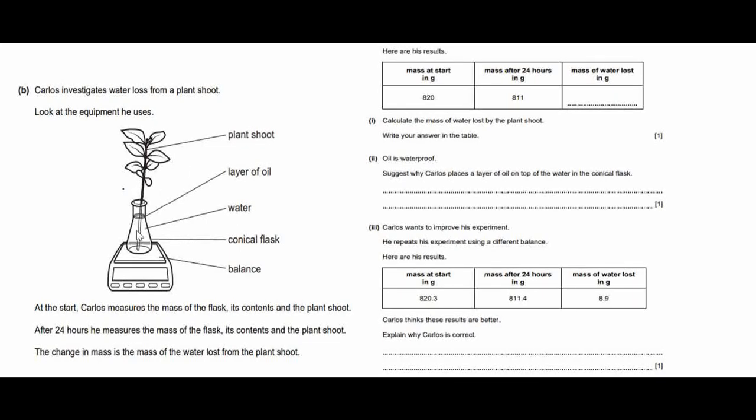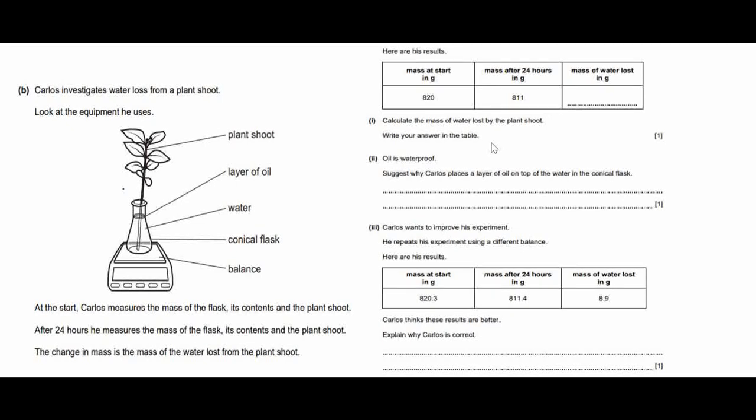After 24 hours, he measures the mass of the flask, its contents, and the plant shoot again. The change in mass is the mass of water lost from the plant shoot. Here are his results. Mass at the start in grams: 820. Mass after 24 hours in grams: 811. Mass of water lost in grams.